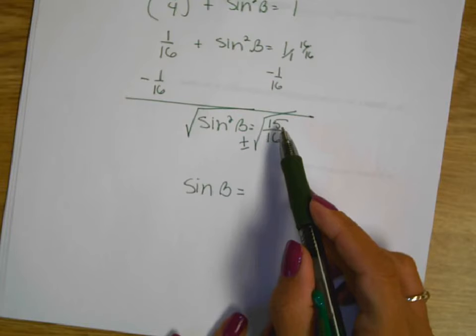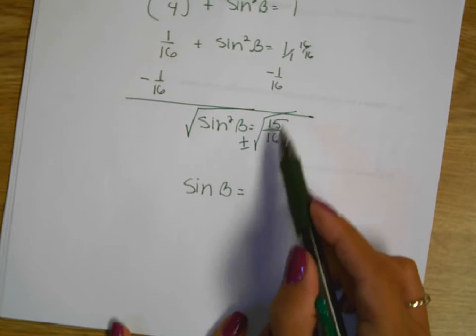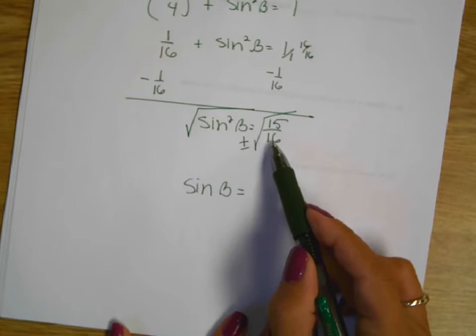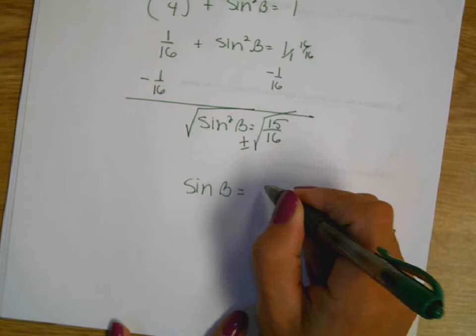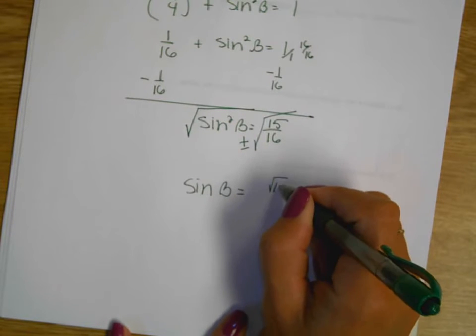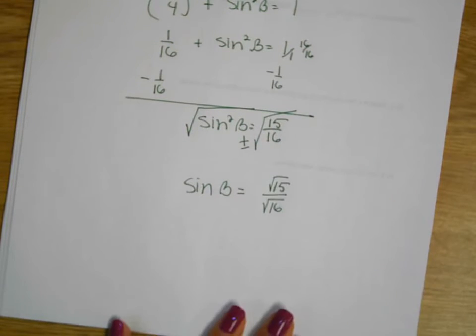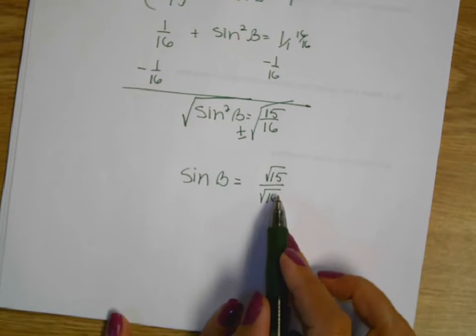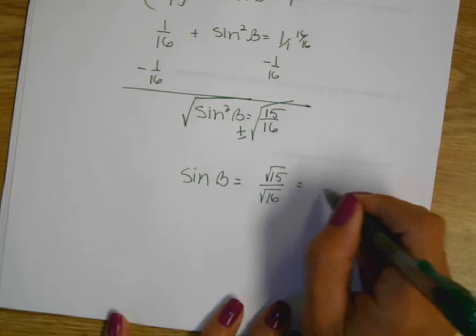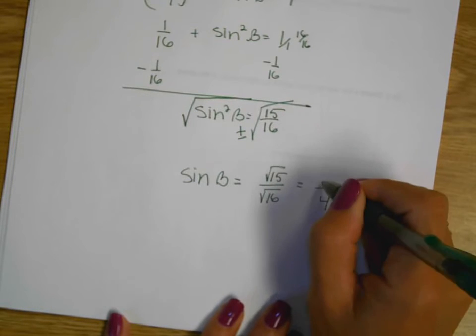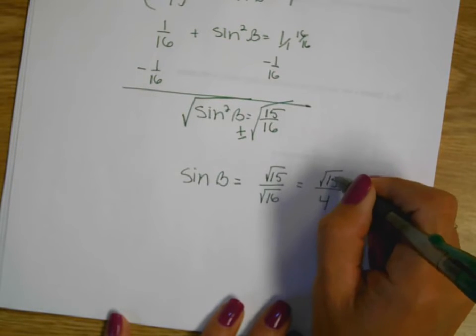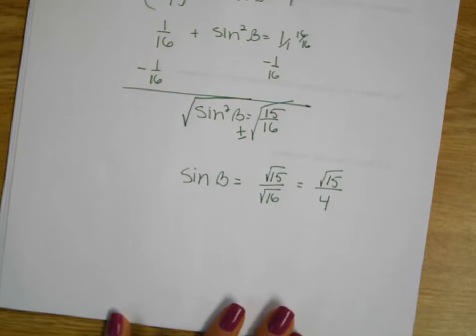When we take the square root of a fraction, you got to see it as the square root of the top and the square root of the bottom. So I've got square root of 15 over square root of 16. Nice that this one came out, because the square root of 16 is going to simplify to a 4, and we're going to keep the square root of 15. Now that positive or negative, we got to still think about that.